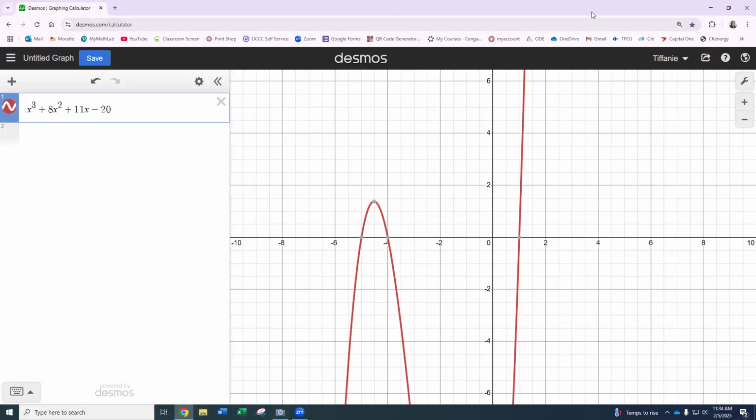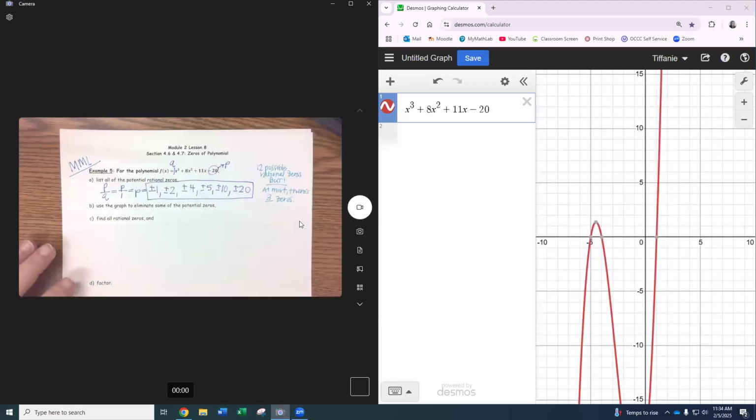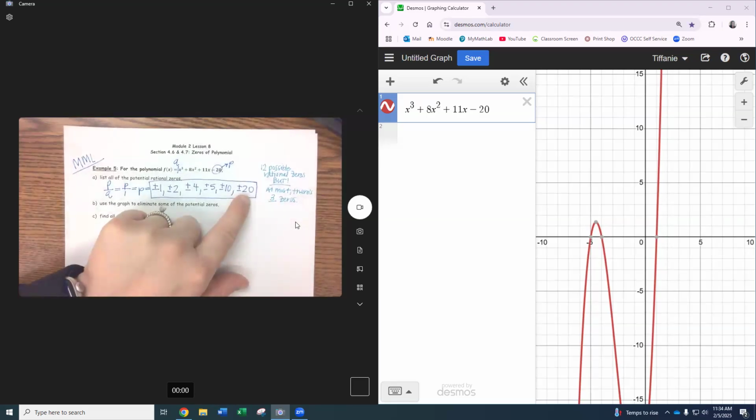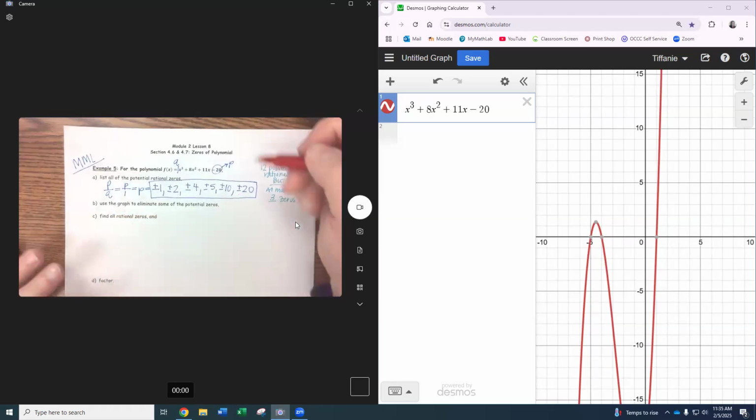And let's kind of split this screen real quick. When I want to graph this to eliminate some, I first want to figure out what are my biggest and smallest possible rational zeros that I can have. Well, whatever this biggest number is also the smallest number.